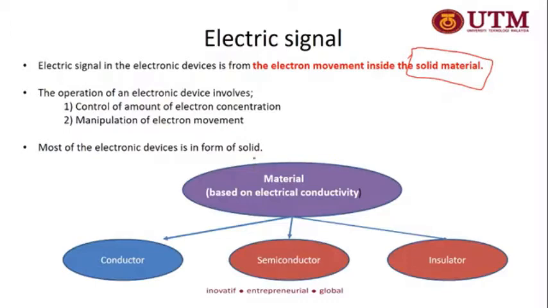Okay, since most of the electronic devices are formed on solid, next we can categorize the material based on their electrical conductivity. We have conductor, semiconductor, and insulator. A conductor is a material which can conduct better.